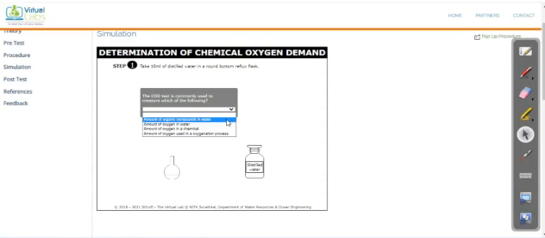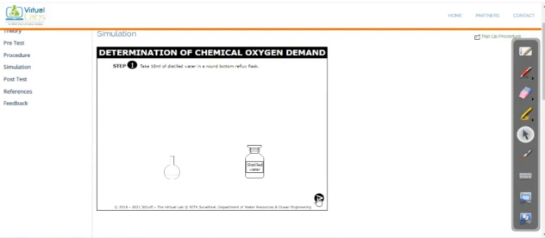The amount of organic compounds in water, amount of oxygen in water, amount of oxygen in chemical, or amount of oxygen used for the oxygenation process. So which one do we want to know? It is the amount of organic matter present in it.